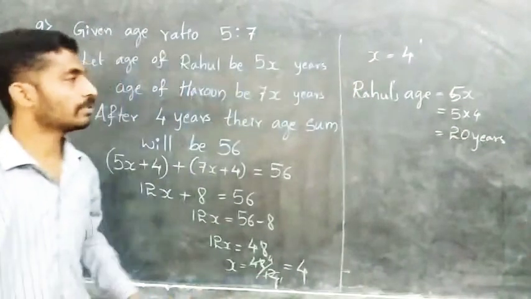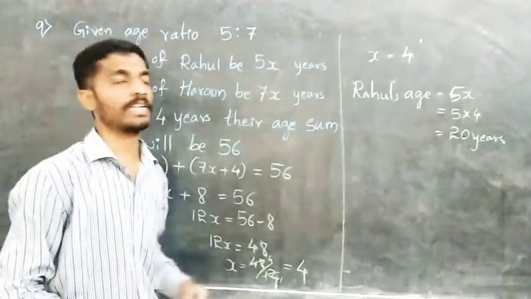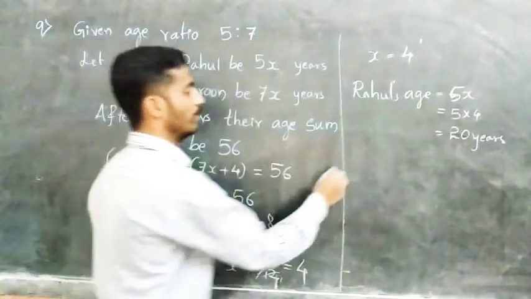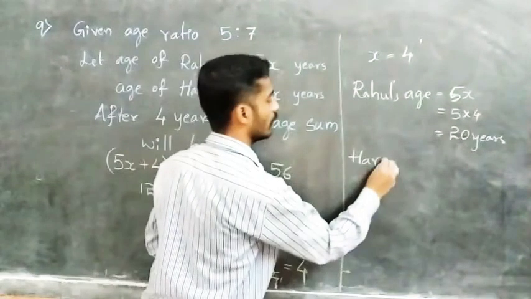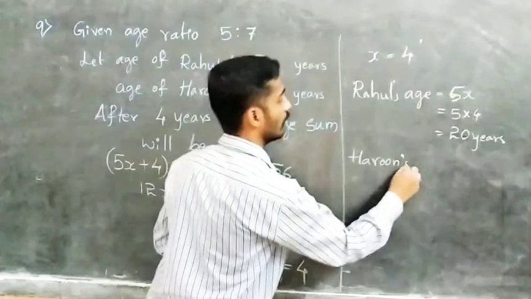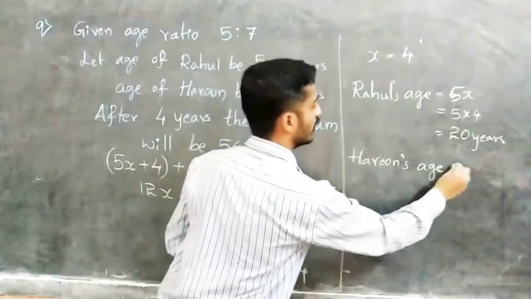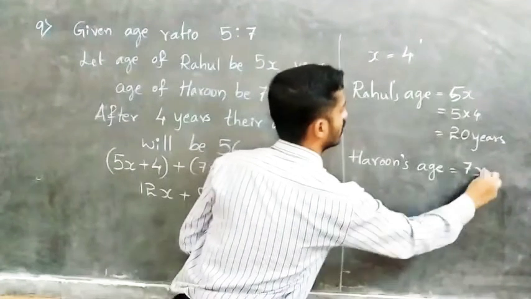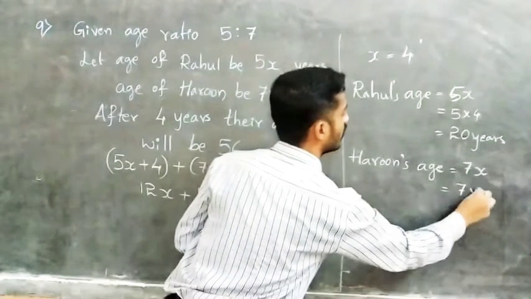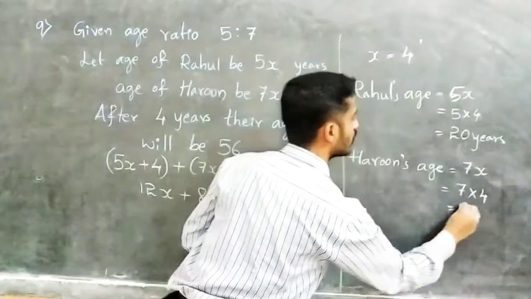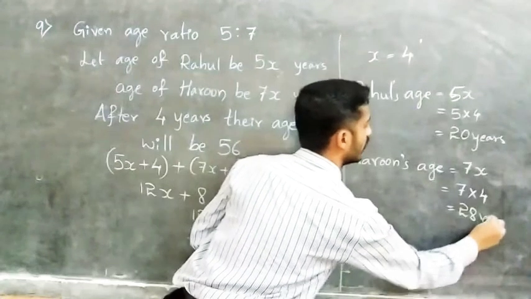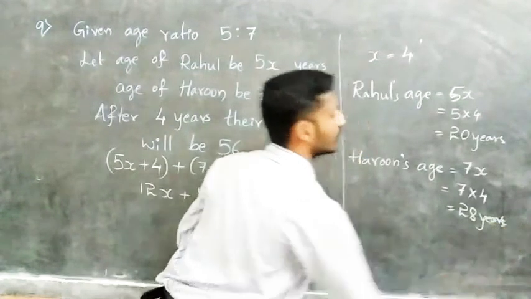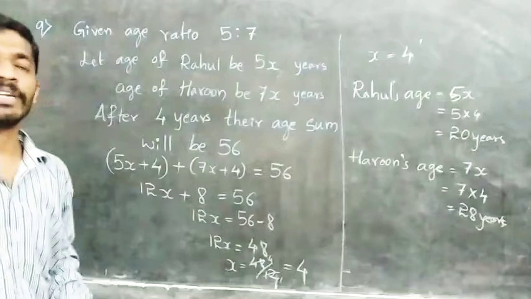Now Harun's age is 7x, which means 7 into 4, that is 28 years. So these are our required ages.